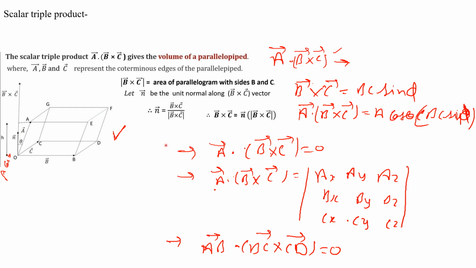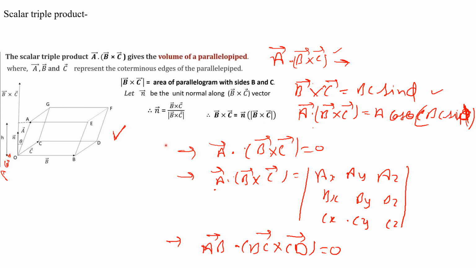Now we can say from this diagram B vector cross C vector is equal to bc sine of phi. A vector dot B vector cross C vector is equal to a cos theta times bc sine phi.